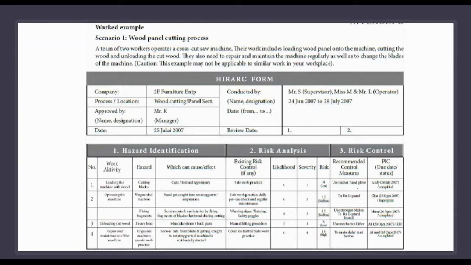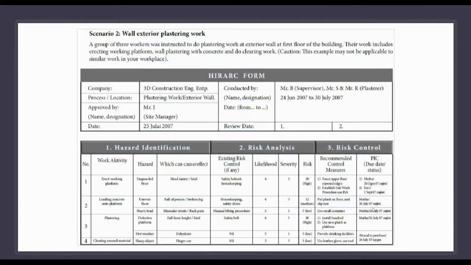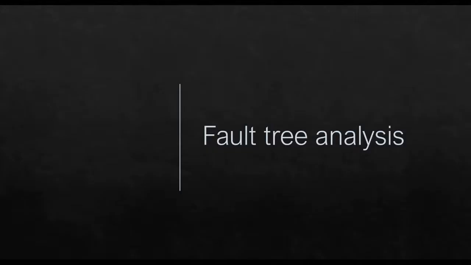Okay, the PPE. And then the person in charge, due date, status is also under the risk control implementation. This one is another example. The wall exterior plastering work also uses the quantitative approach.